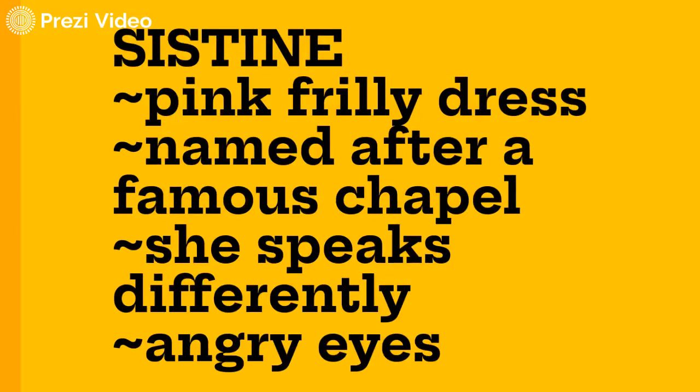So I wrote down that she wears this pink frilly dress. She's named after a famous chapel in Italy called the Sistine Chapel. And she speaks differently than other people around town. And she also seems to have angry eyes.